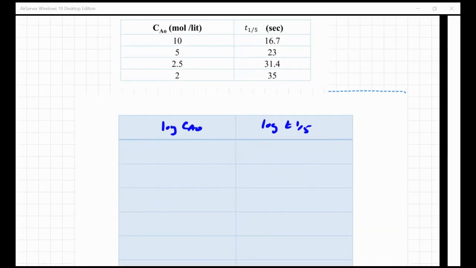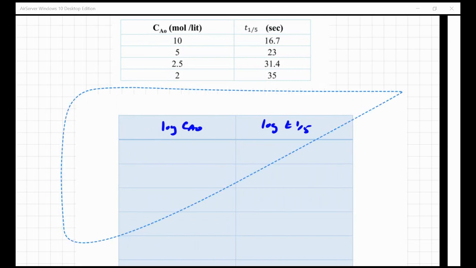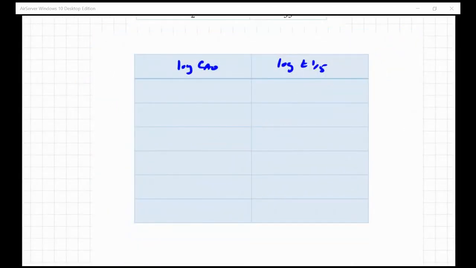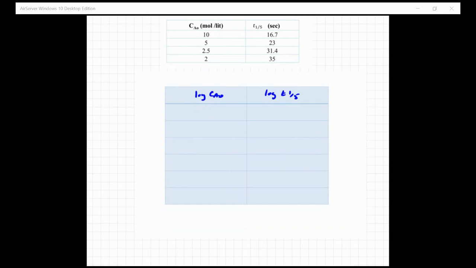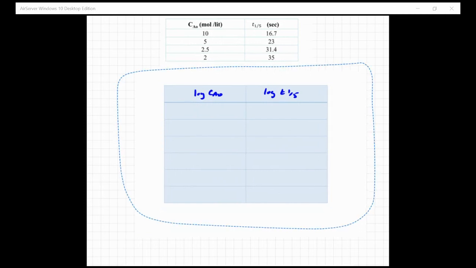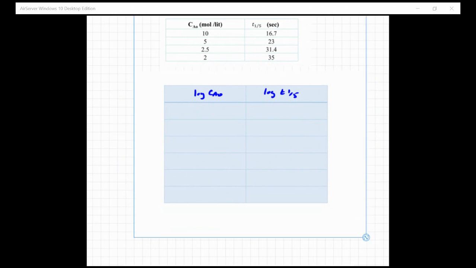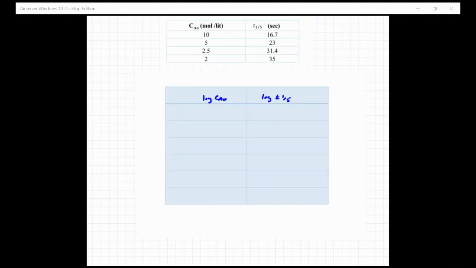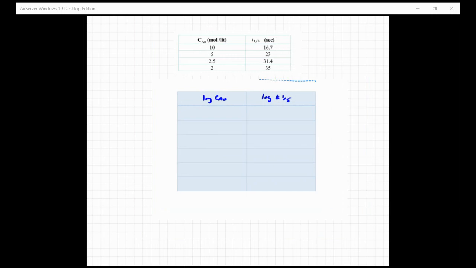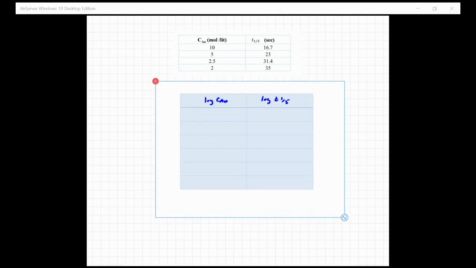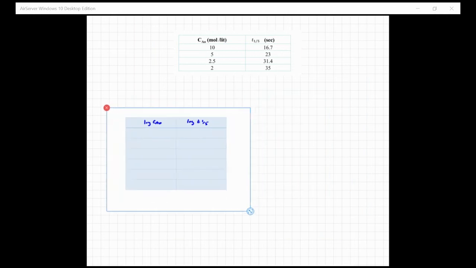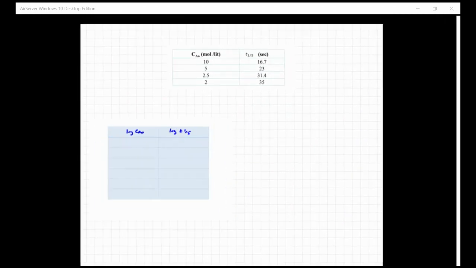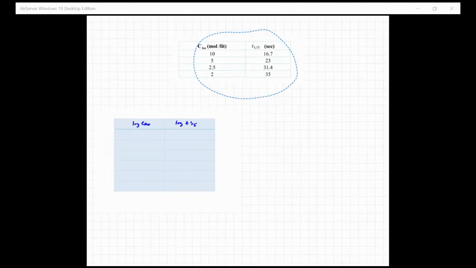If you are interested in calculating, we can do it. Otherwise, I'll just give you the final answers. So choose what you want to do. Choose what you think is useful for you, what you think is the best for you later on.